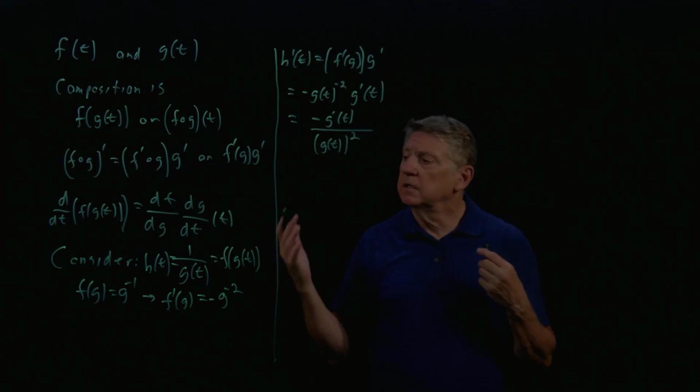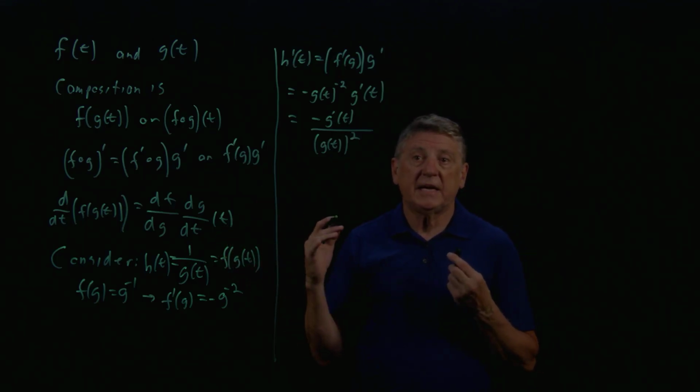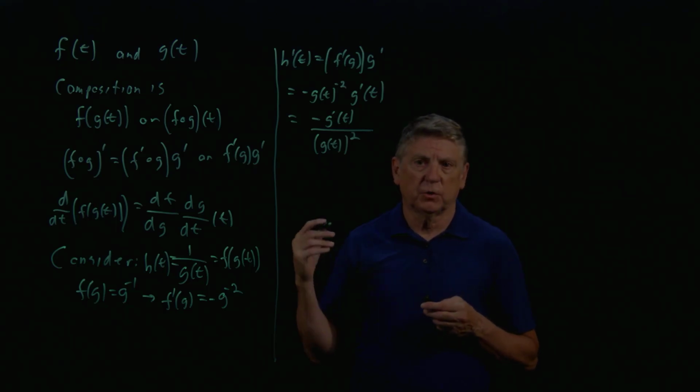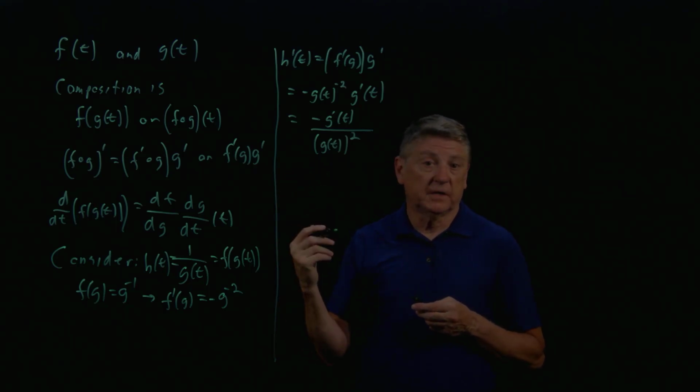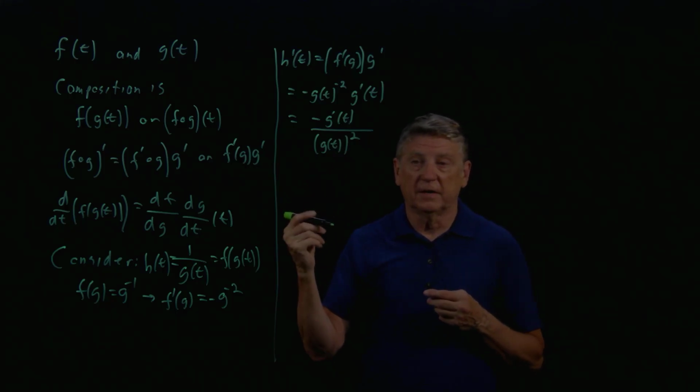So we can then use these together, and we can say, what about a quotient? So a reciprocal is 1 over a function. A quotient is one function over another function.